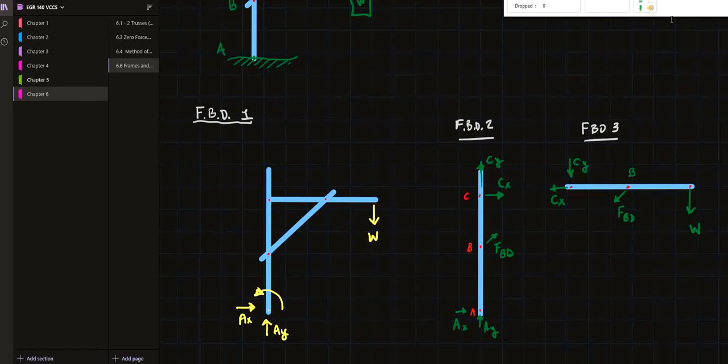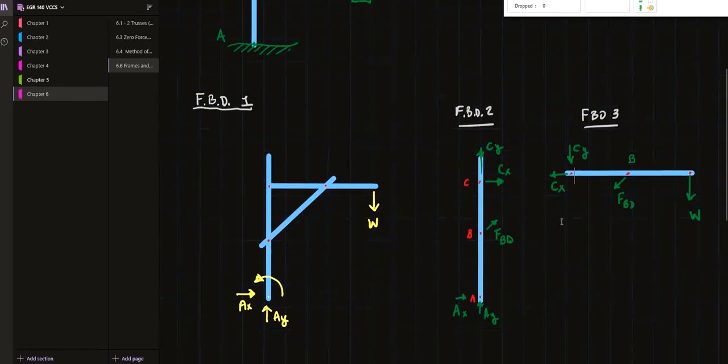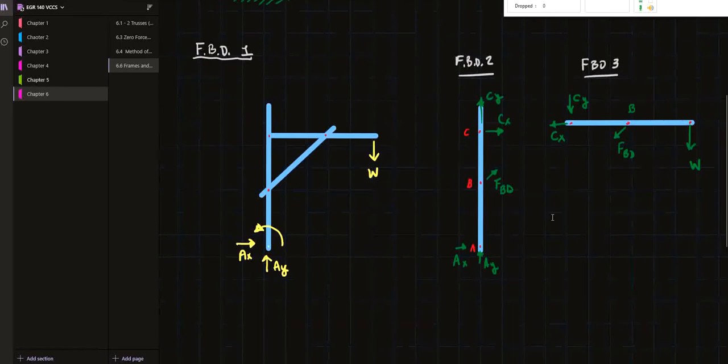Otherwise, there's not equilibrium at that point. So when you're drawing multiple free body diagrams, you want to make sure that your reactions at a link point are opposite each other.